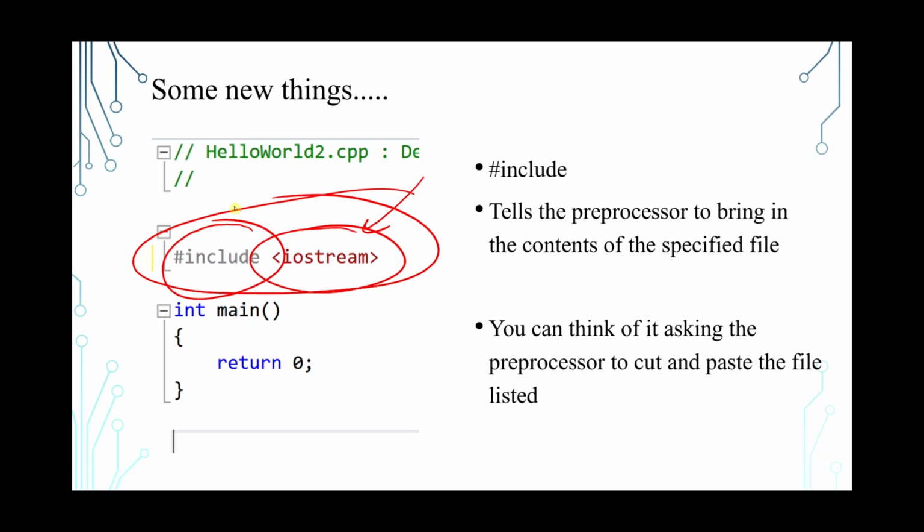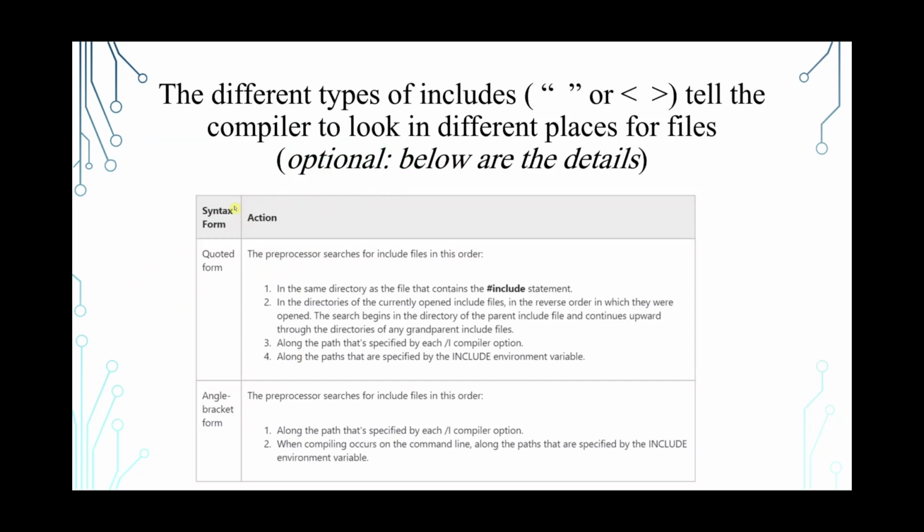The preprocessor is basically the processor that sets up your project file with the object file and helps the compiler do its thing. So, the different types of includes: we have #include followed by double quotation marks, and we have the ones with angle brackets.